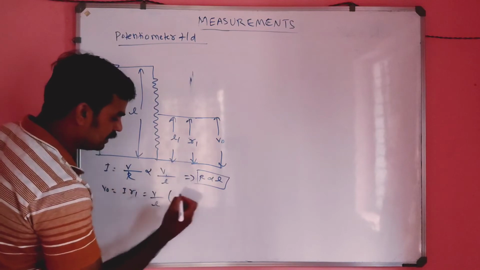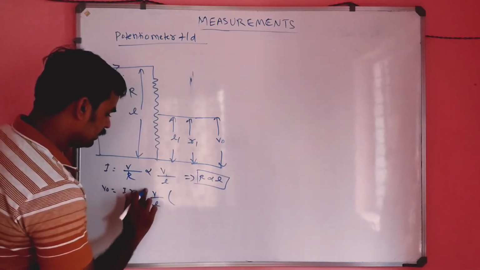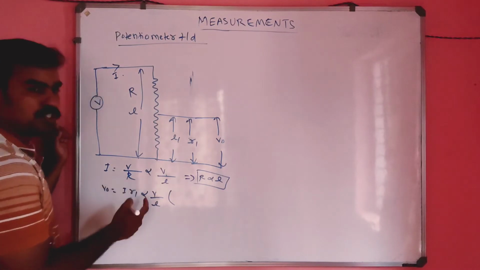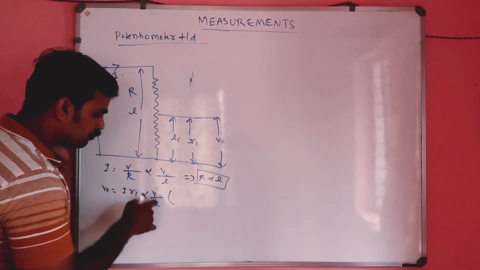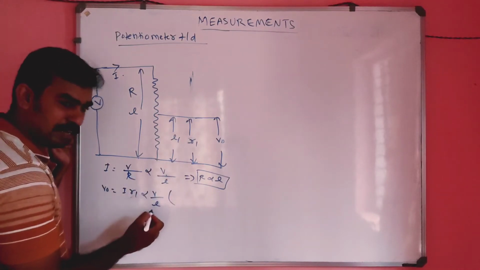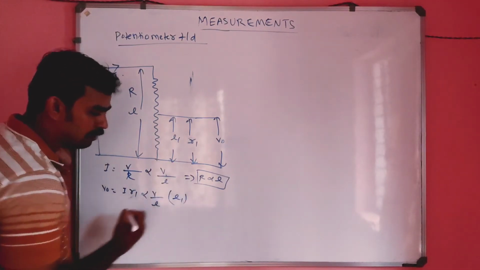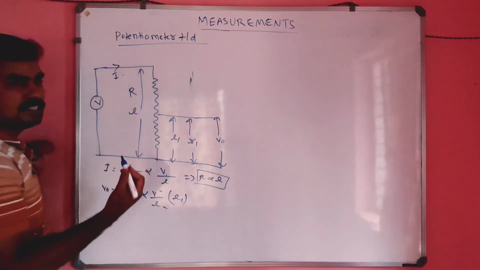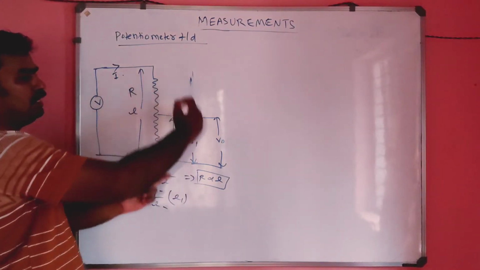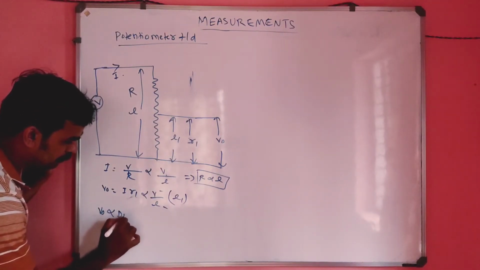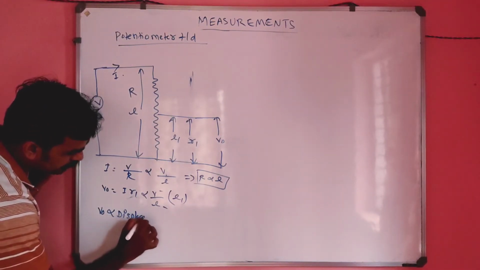V0 is I into R1, proportional to V by L into R1, which is proportional to L1. This V is a constant, and this total length L is a constant. Only L1 we can change, right? So I can say that the output voltage is directly proportional to the displacement.